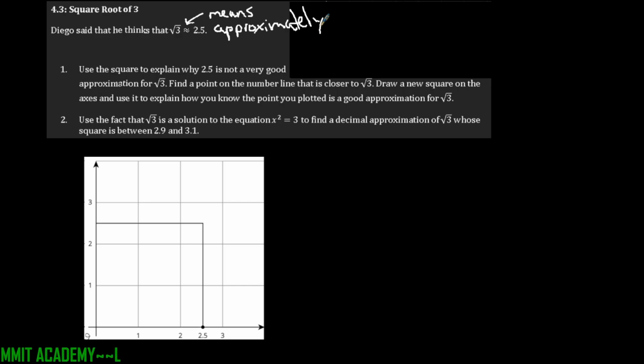Find a point on the number line that is closer to the square root of 3, and then draw a new square on the axes and use it to explain how you know that the point you plotted is a good approximation for the square root of 3.